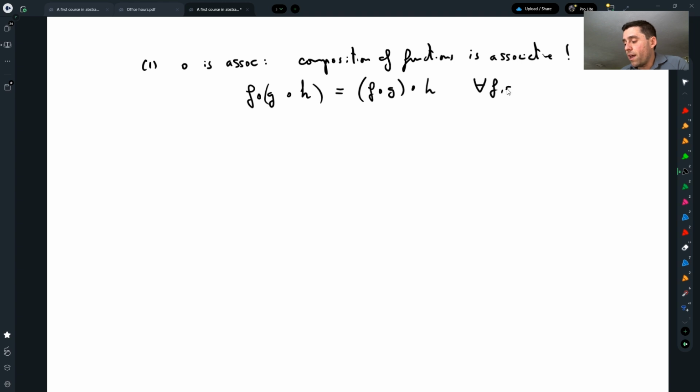This will be true for every f, g, and h in Sn. So we will have that the operation is associative. So that's the first axiom.